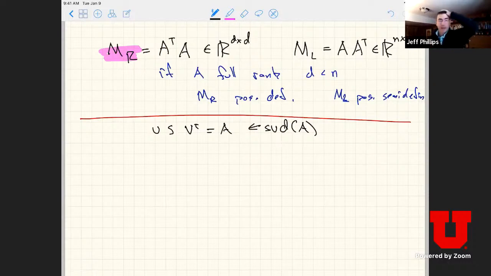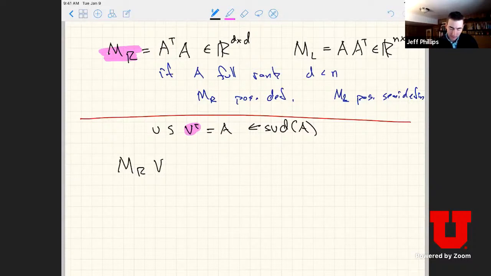And I want to look at what happens when I take these right singular vectors and multiply them by M_R. M_R multiplied by V.